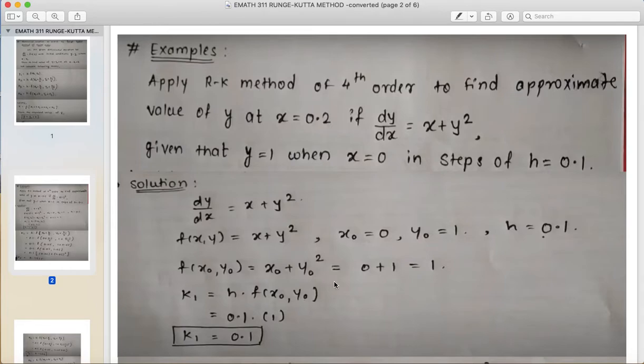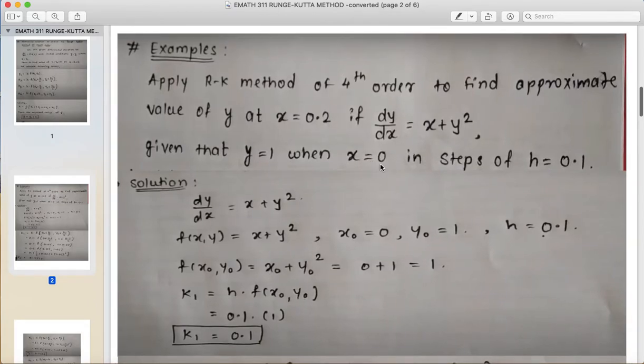We need to substitute the given values, x equals 0 and y equals 1. So we have dy over dx equals x plus y squared, and f of x and y equals x plus y squared.